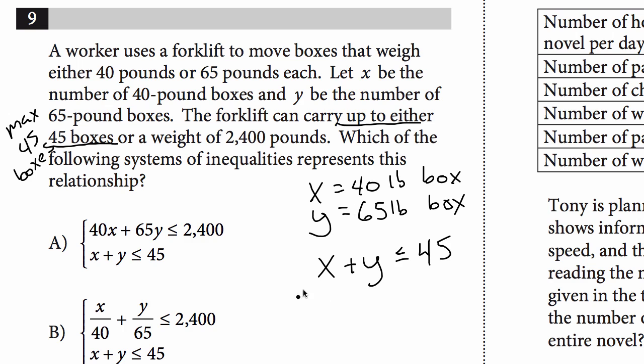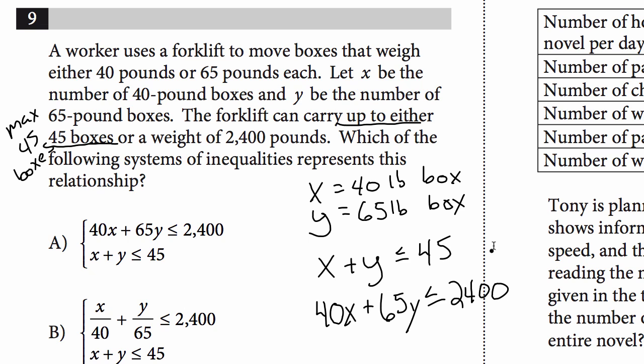All right. Well, we've got, how do I want to do that? Oh, I don't know why I had a brain fart. So X's are 40 pounds, so we're going to do a pound equation. 40 pounds, some amount of those boxes, plus 65 pounds, some amount of those boxes, the Y ones, and that's also less than or equal to 2,400.